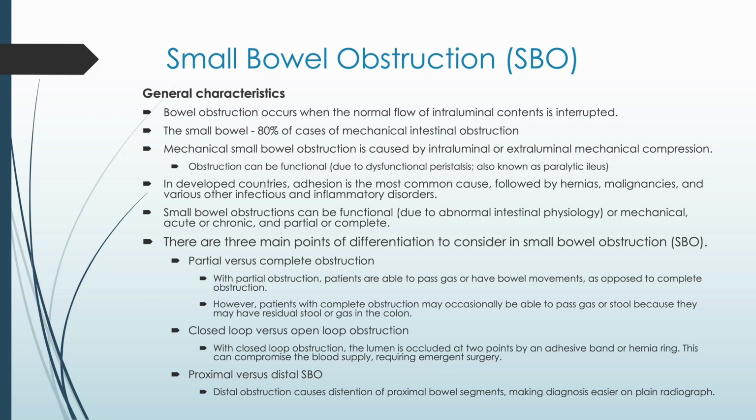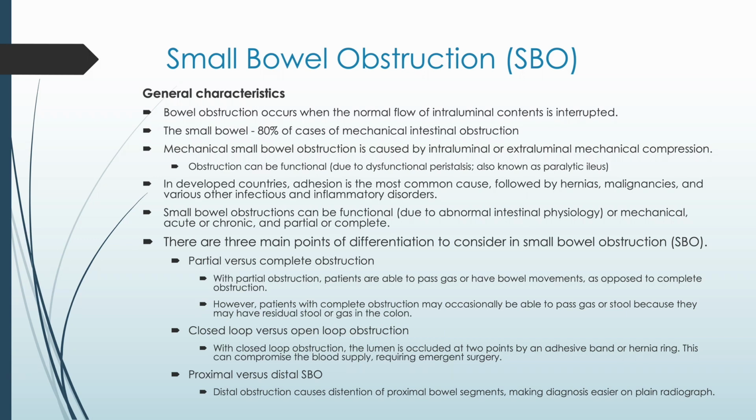Essentially, an obstruction, just like we talked about in the esophagus, is any type of blockage of the normal flow of intraluminal contents, which are digested food particles leading up to fecal material. And when this is interrupted, it is not a good thing. There are essentially two different types of small bowel obstructions.